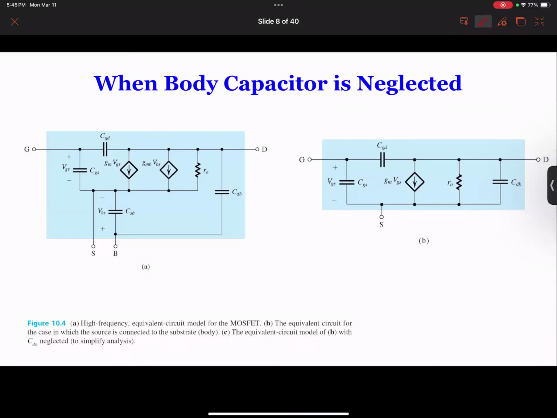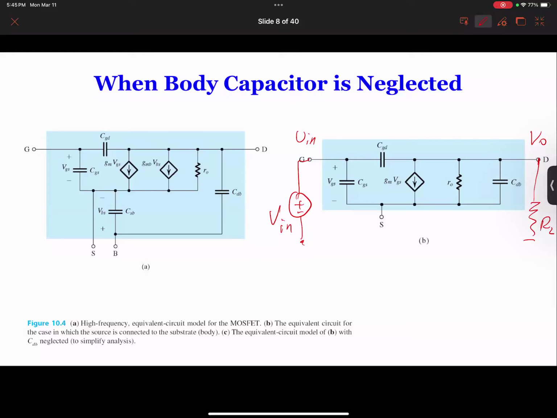So ideally, if we have an input here, and you have output here, you can analyze the circuit and find the relation between VO and VIN. And then you can find the gain.